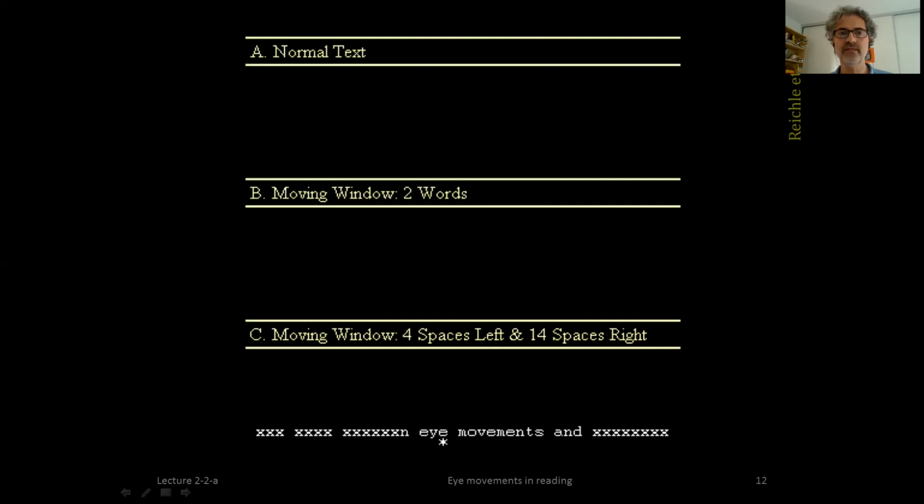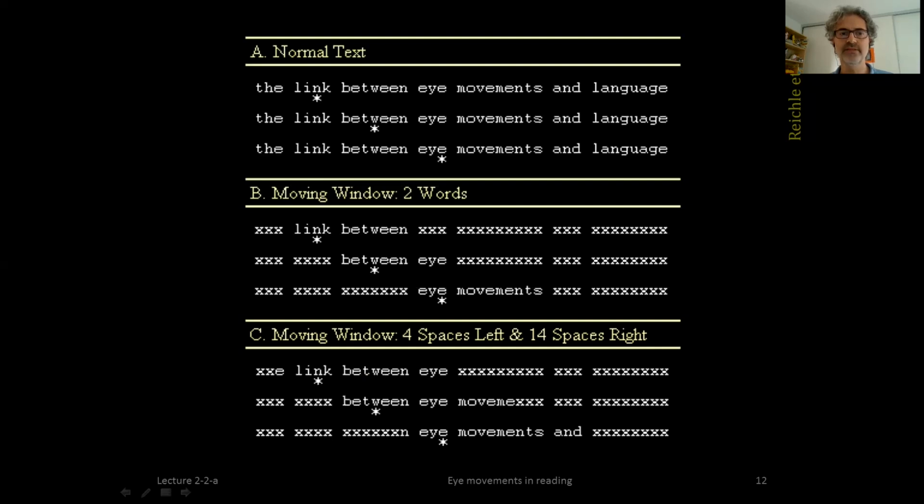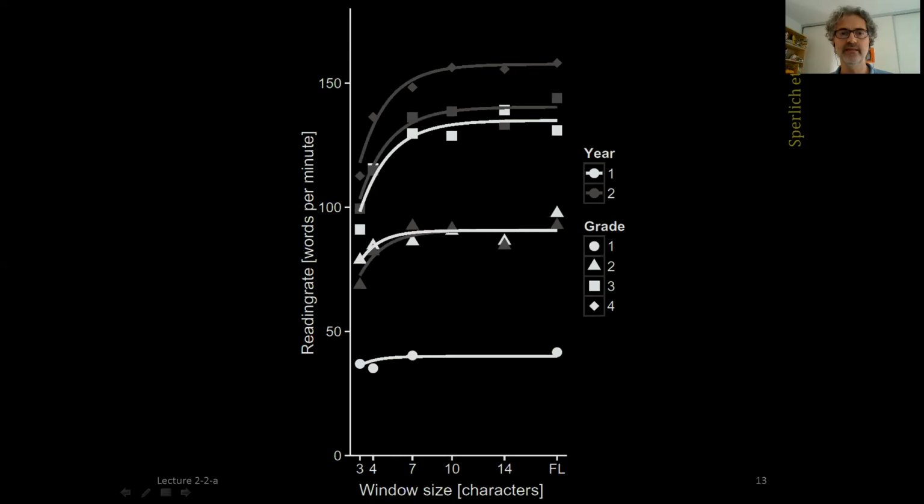The more interesting thing is that it also varies with reading development stage. So researchers have done this at different ages. And starting with grade 1, we see that first graders who can look at the full display of a whole sentence can read at about 40 words per minute.